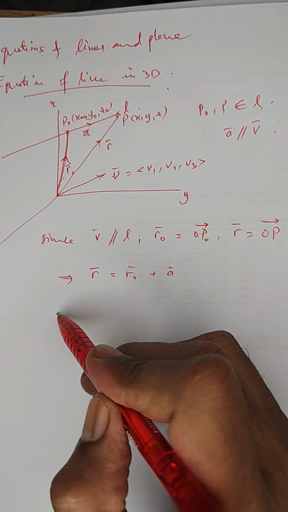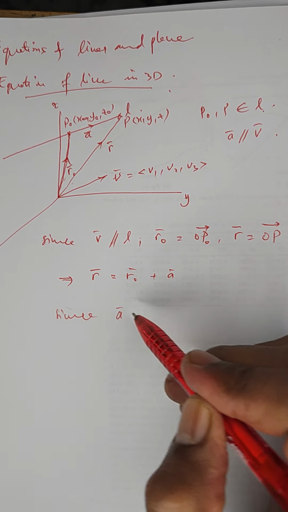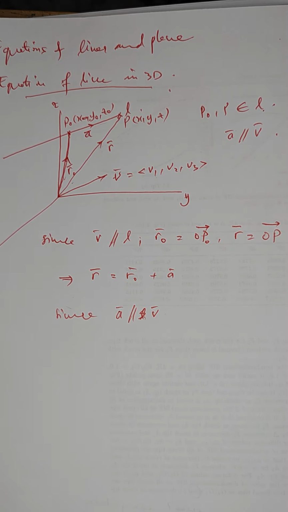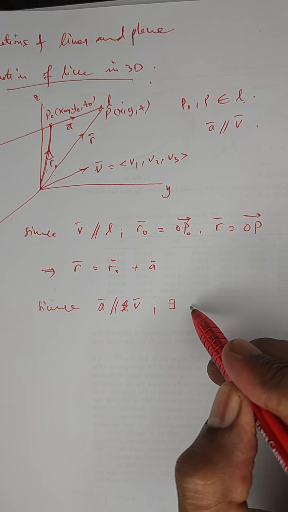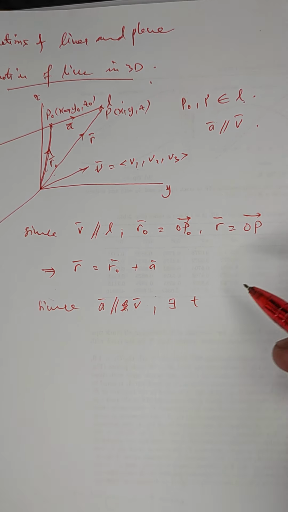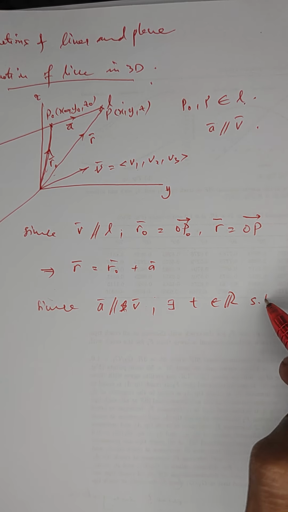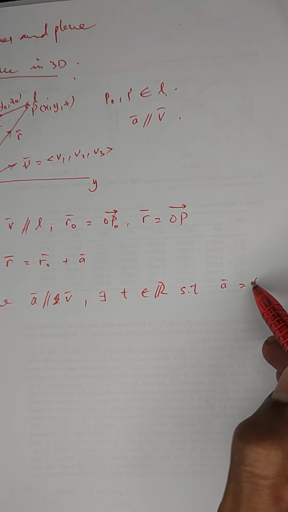And since A is parallel to vector V, there exists some scalar T such that A equals TV.